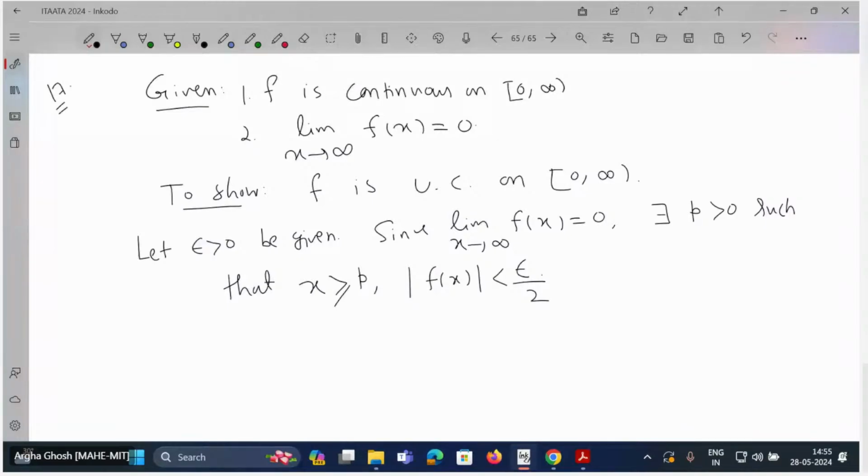So now we have a line, with 0 somewhere and then p. If you have a number over here, then the mod value of the function is less than epsilon by 2. That means the function is bounded over there.